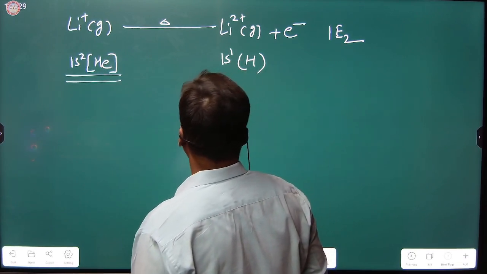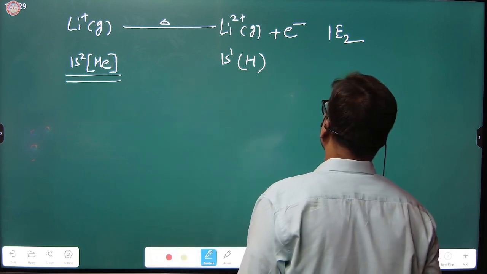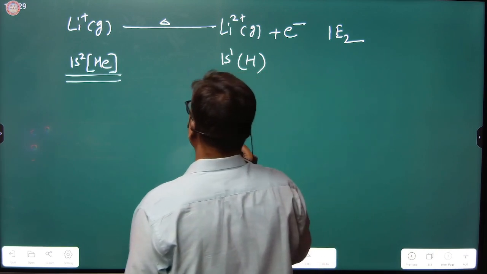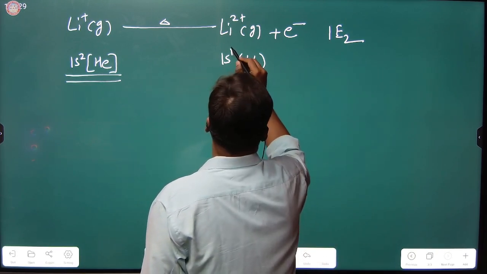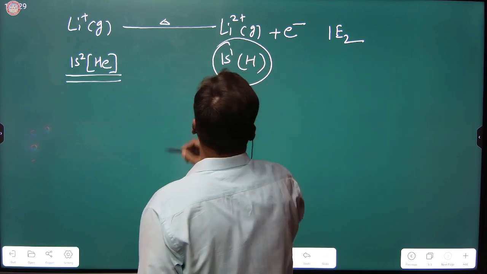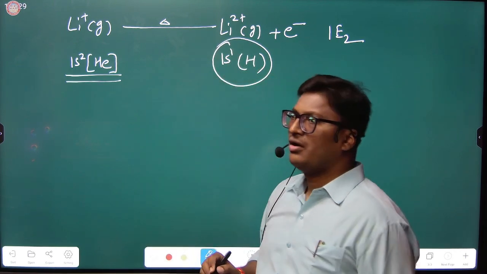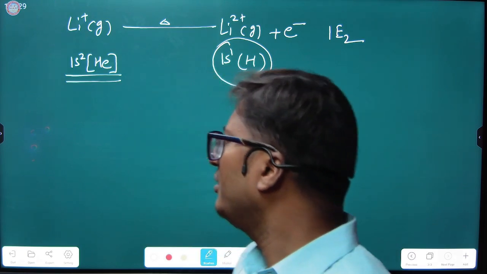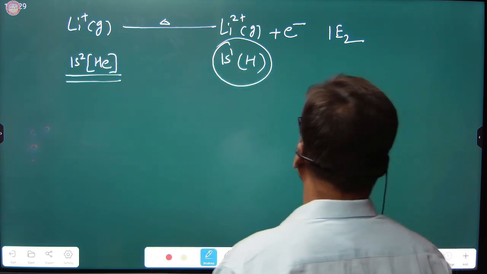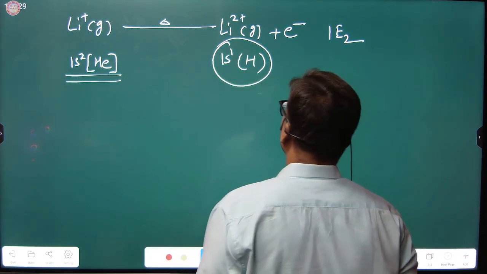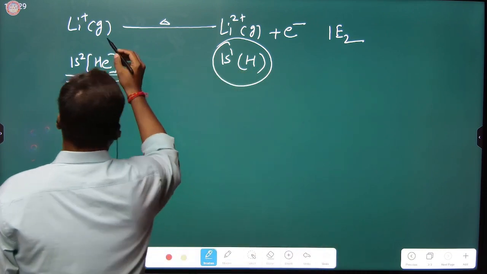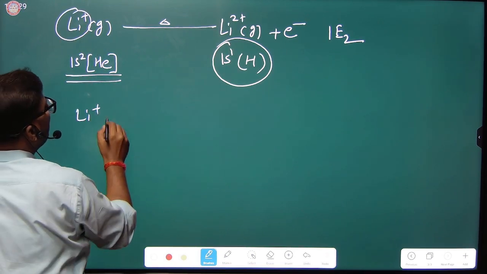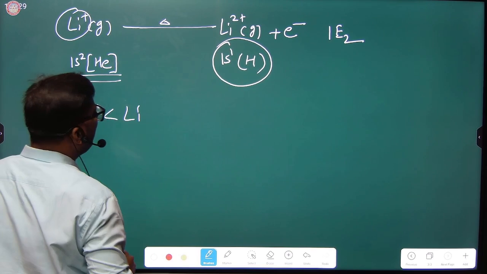After removal of one further electron, this will create a 1s1 configuration, similar to the electronic configuration of hydrogen. So this is small.